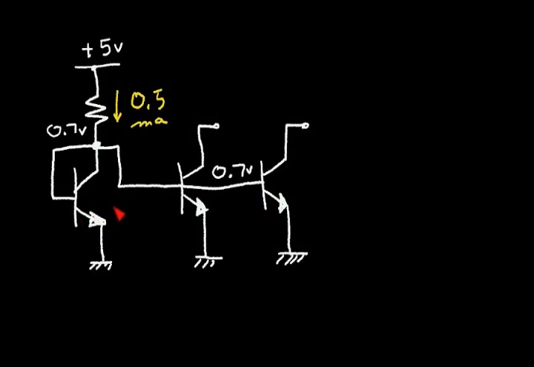Let's say that I have this half milliamp flowing in this emitter, but I'm going to adjust the emitter of this middle NPN to be larger by a factor of 2.